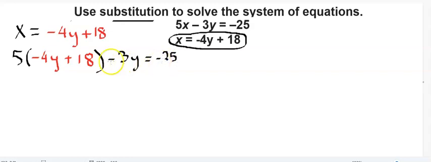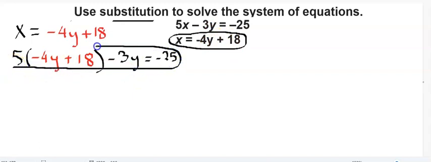Now you replace the x in terms of y, and that's negative 4y plus 18. So now we have everything nice and cleaned up in terms of y only. This whole equation goes from two unknown variables, x and y, to only one unknown variable, and that is y.